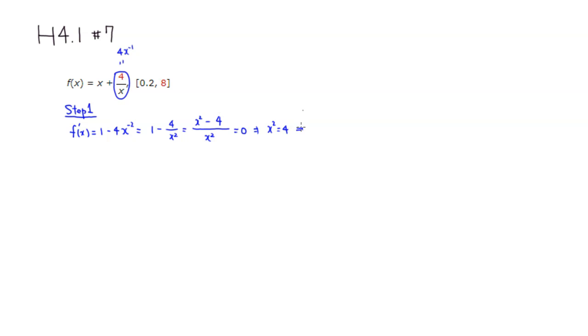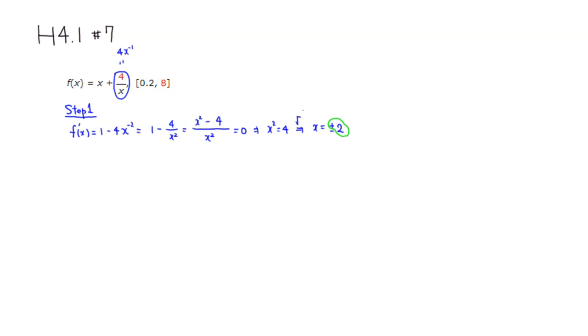Then we take the square root to get x equal to plus or minus square root of 4, which is 2. In this case, the interval is 0.2 to 8, so we only consider the positive 2 because negative 2 is not on this interval.